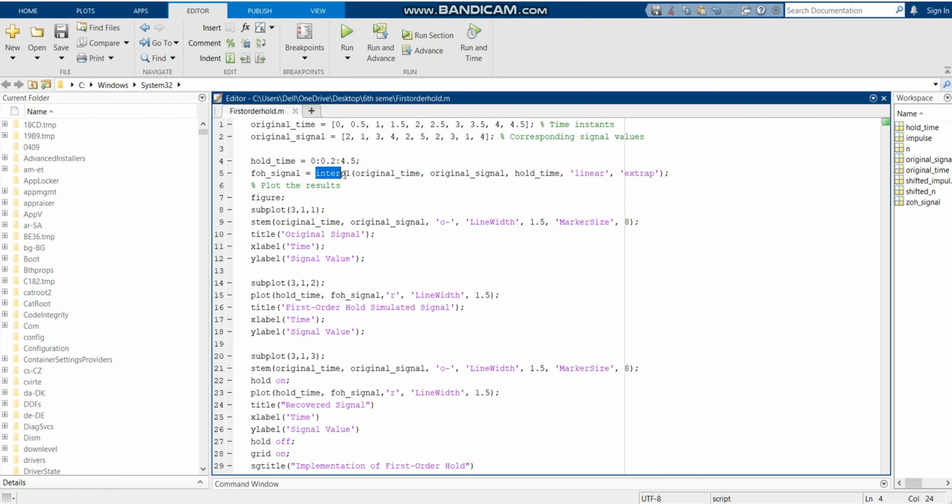Using the interp1 function with the linear interpolation method and extrapolation, it performs the first-order hold simulation, creating a signal FOH signal. The rest of the commands are used to plot different signals on the same figure. Let us see the plots.